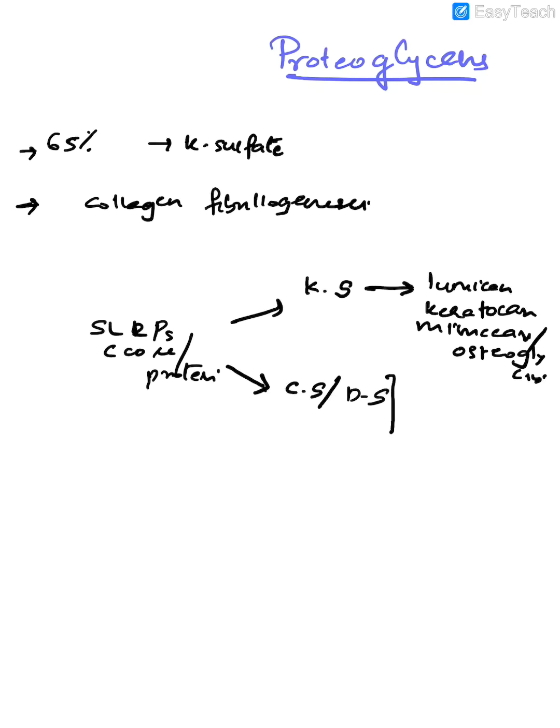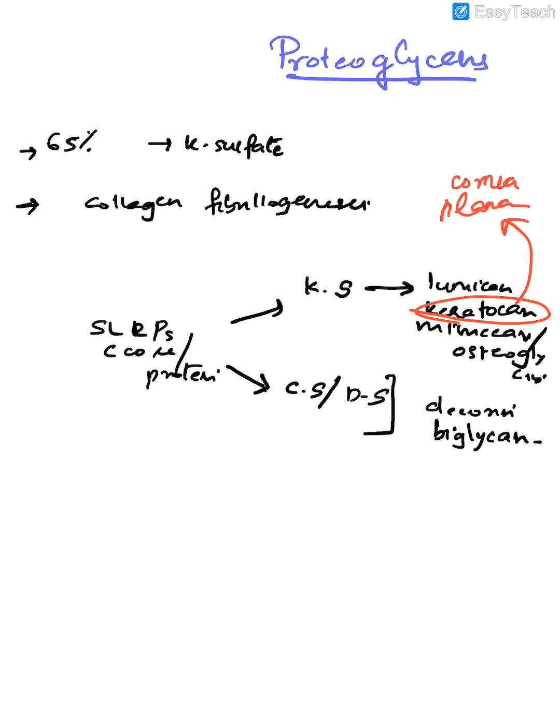In chondroitin sulfate and dermatan sulfate, it is decorin and biglycan. The importance of keratocan is that mutation of keratocan leads to cornea plana. There is loss of curvature of the cornea. So these are the core proteins and these are the proteoglycans.